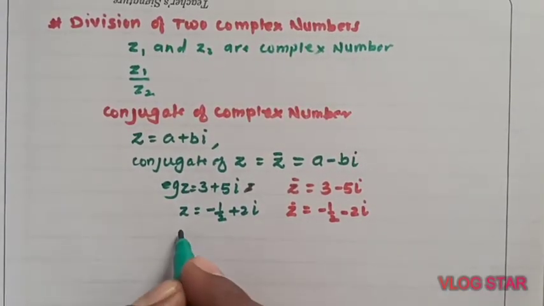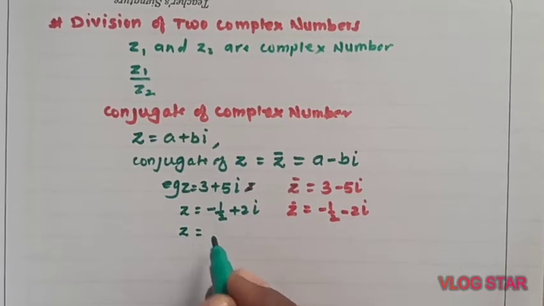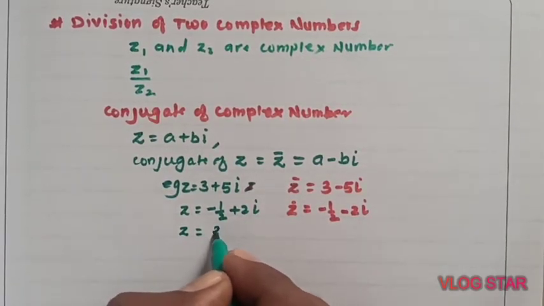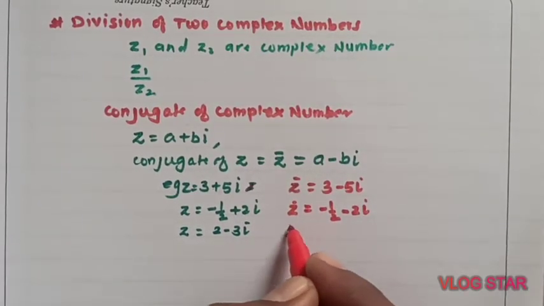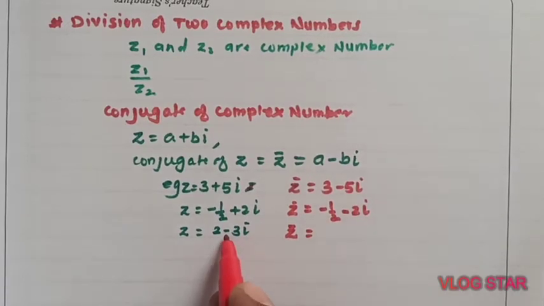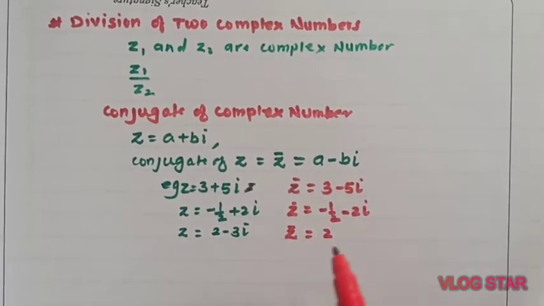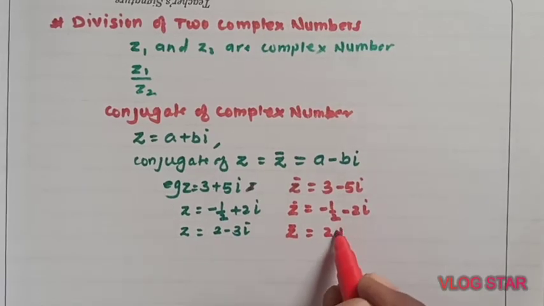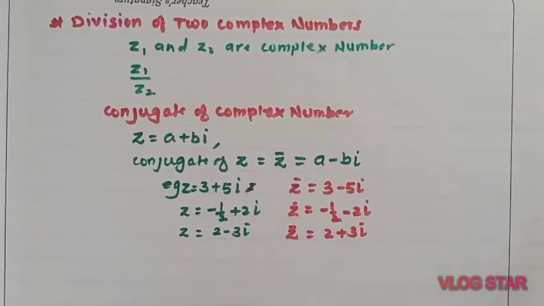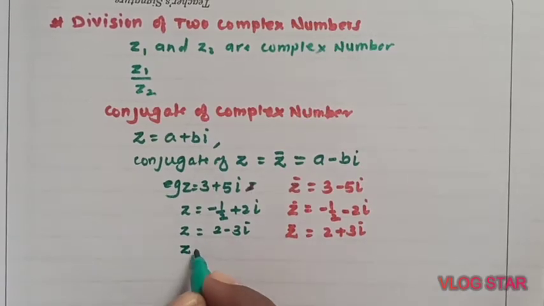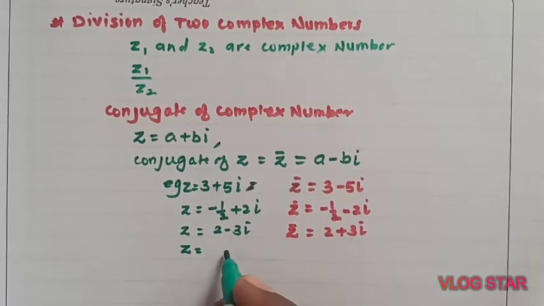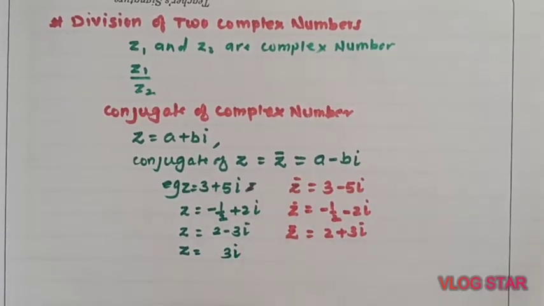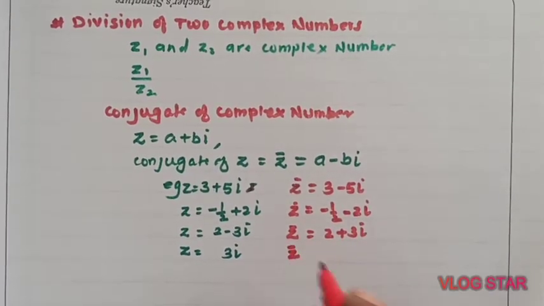One more example. Suppose z is 2 minus 3i. What would be the conjugate? The real part remains the same, change the sign of the imaginary part. Okay, one more example. We will take a variety of examples. Suppose the complex number contains only imaginary part, only 3i, and we want to write its conjugate.